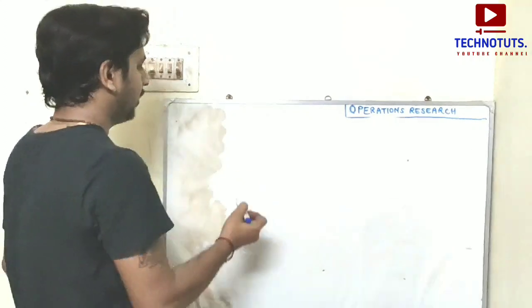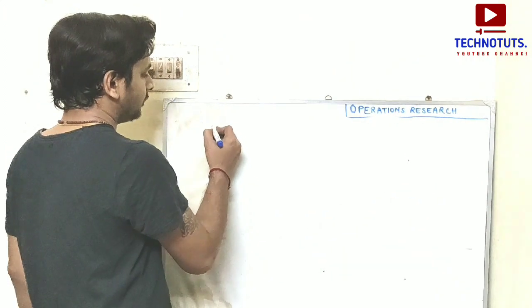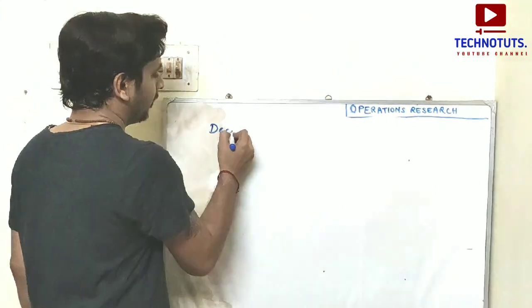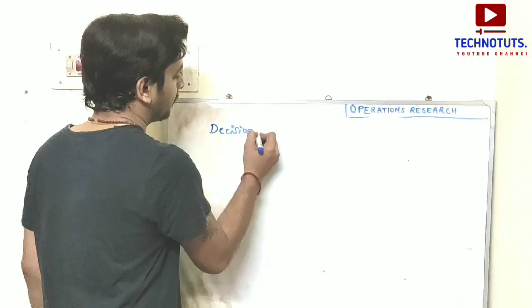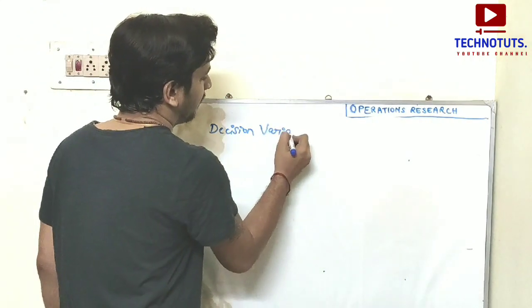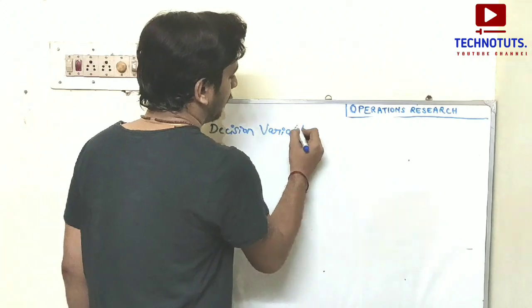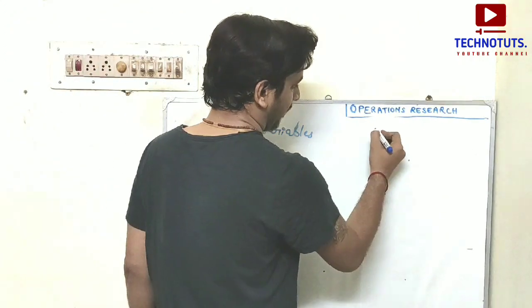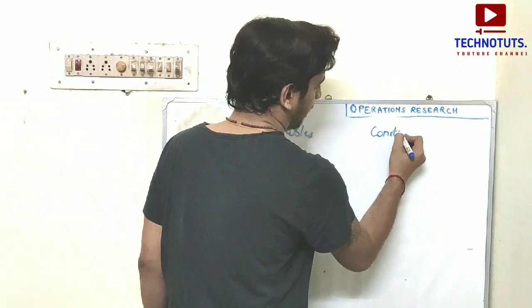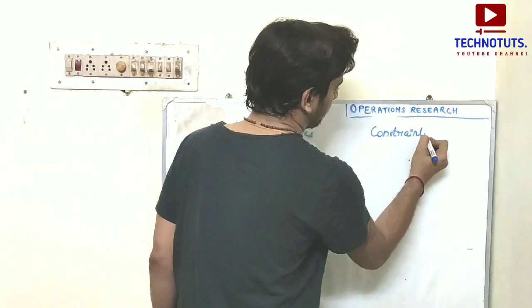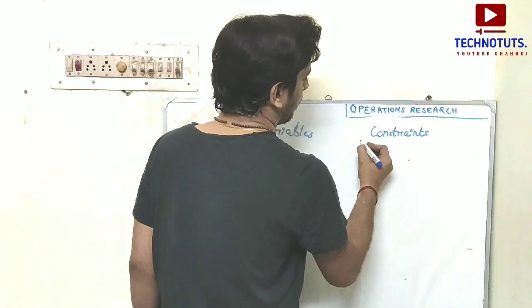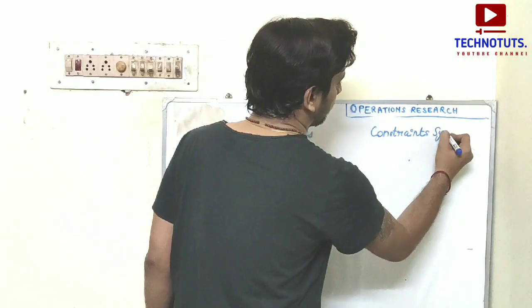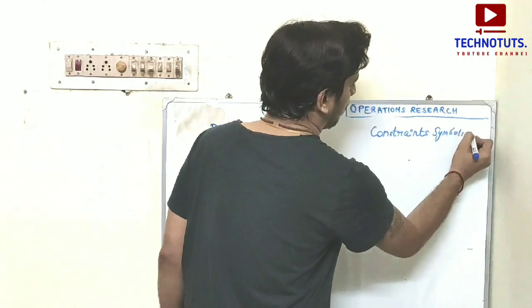We will see the difference between decision variables and constraint symbols or signs.